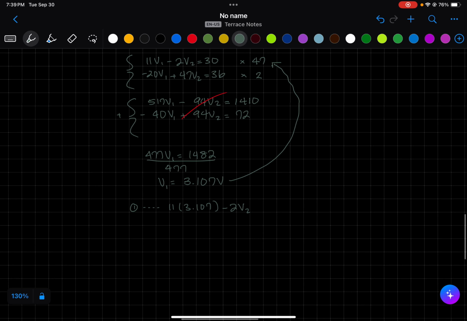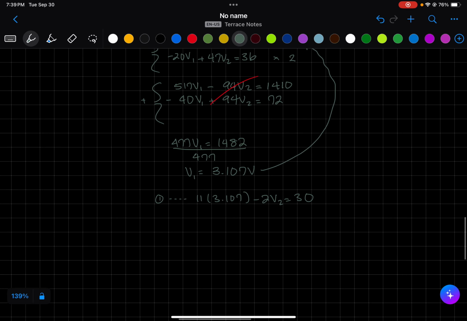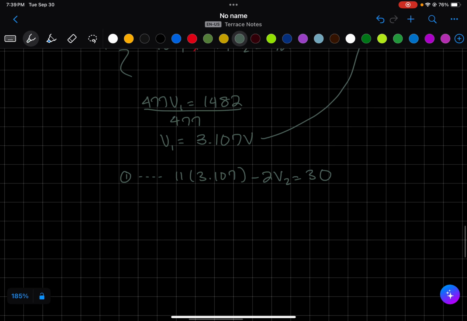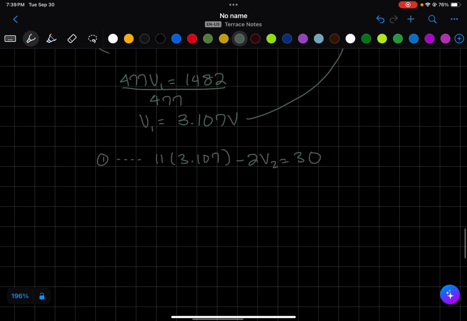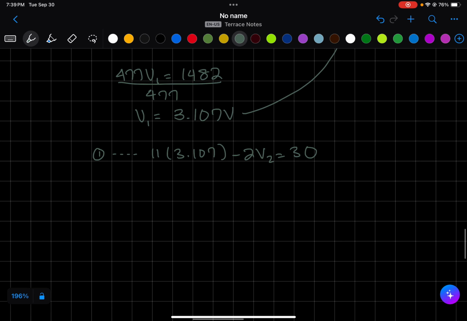Oh yeah, I'm trying to find v2 now. We have our value for v1. Now we need to find v2. So 11 times 3.107 is 34.177 minus 2v2 equals 30.